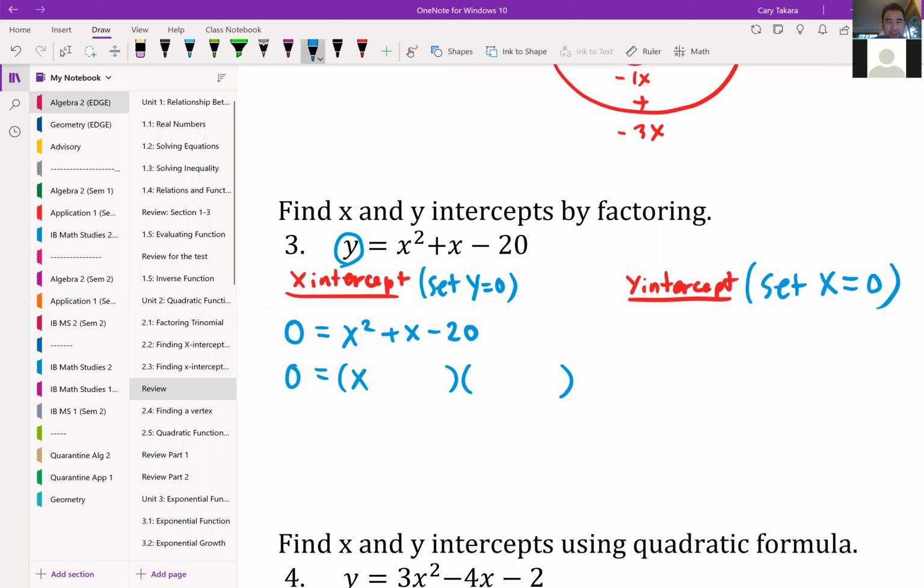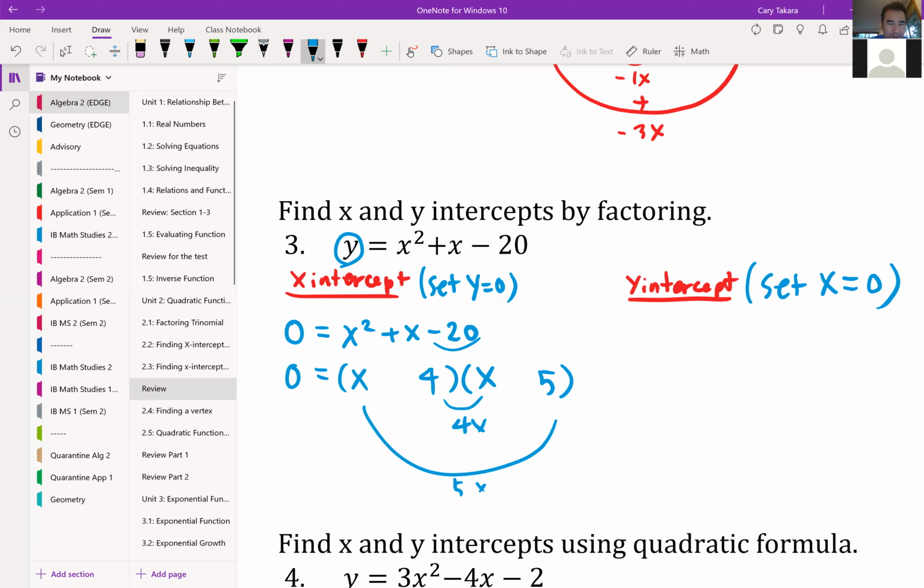This will definitely be, again, x and x. And then negative 20 will be, what is it, 4 times 5? I think I'm going to go forward with 4 and 5 because I'm already thinking ahead. 4 and 5. And then you've got 4x and 5x. And I want to get positive 1x.